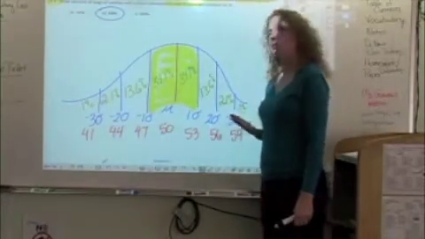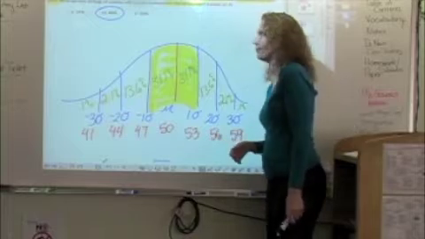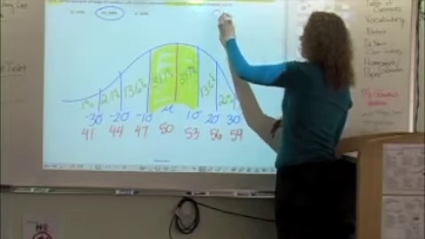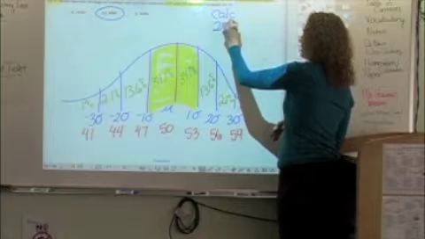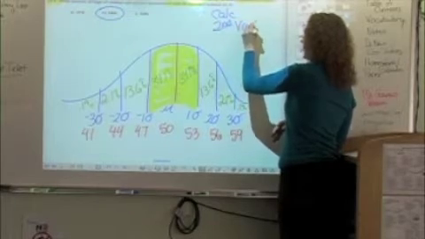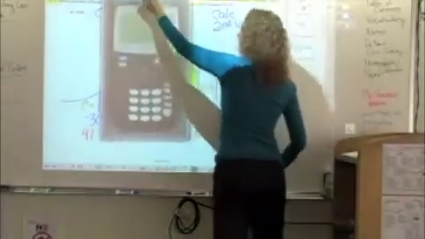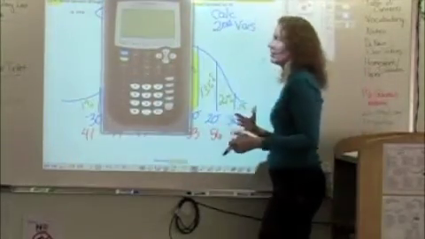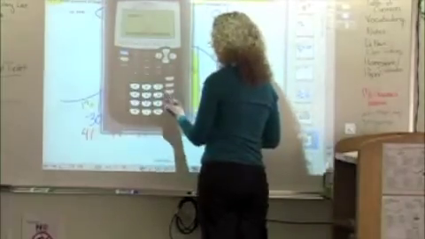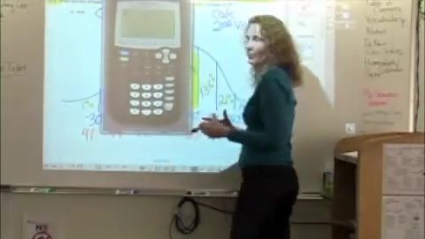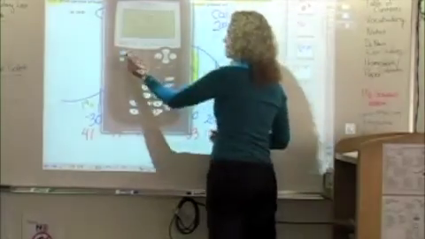Now remember, you can also use the calculator for this. So if we go to our calculator, we can go to second VARS. Remember, when you're doing any of these, you want to reset your calculator to make sure that you don't have any information stored in there that will cause your answers to come out incorrect. So we're going to go second VARS.